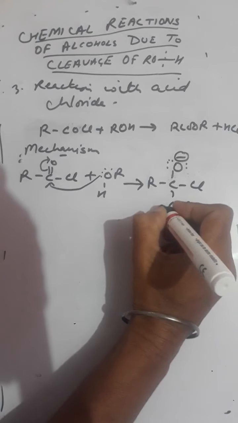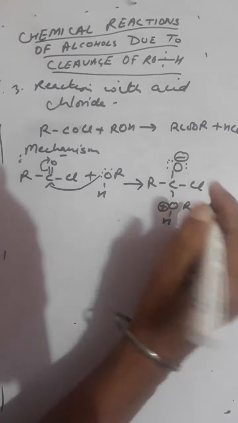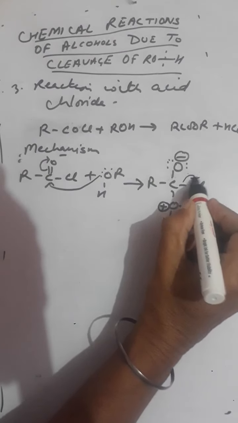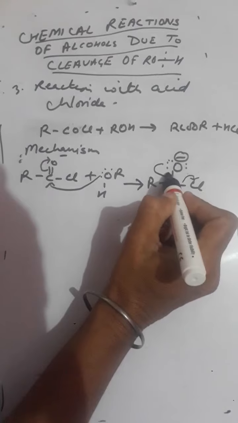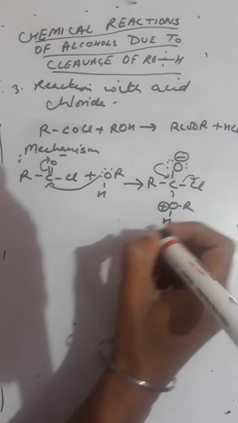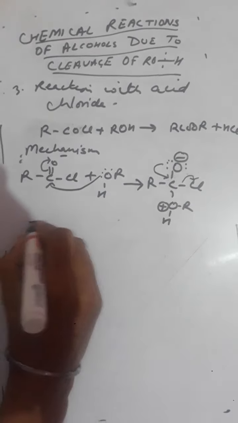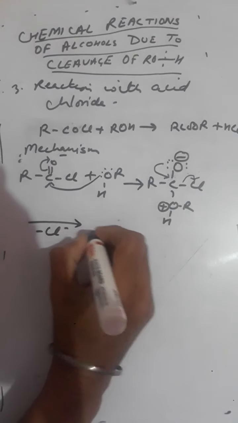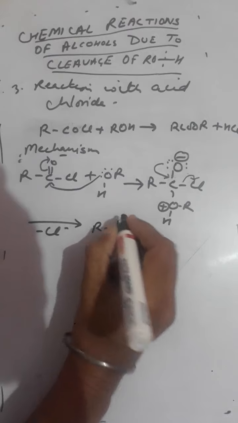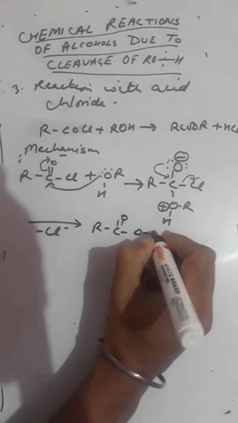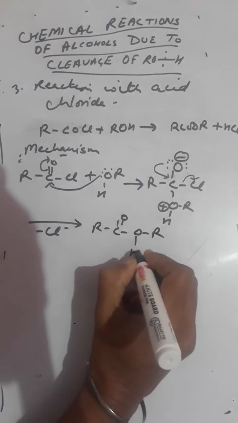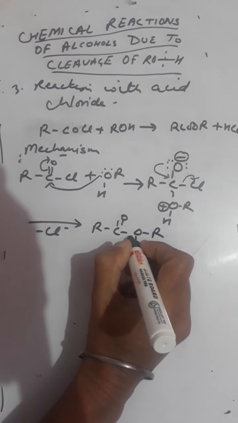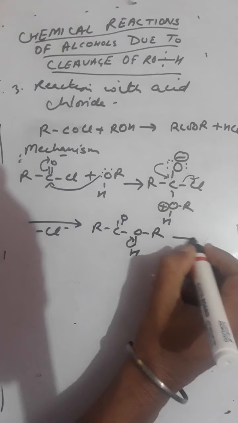This oxygen now will become positive, this bond will be broken up, and this will come back, and Cl will be given up as Cl negative, and we get RC=O with OR and H. When this is positive, this bond will be given towards this, and the proton will be released.